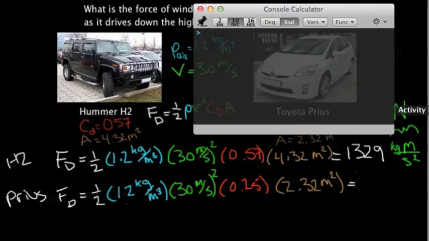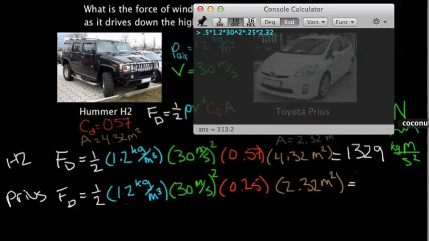So if we multiply all that out, let's see what we get. Let's take our calculator out. We are going to get 0.5 times 1.2 times 30 times 0.25 times 2.32. Oh, I forgot my square. 30 squared times 0.25 times 2.32.